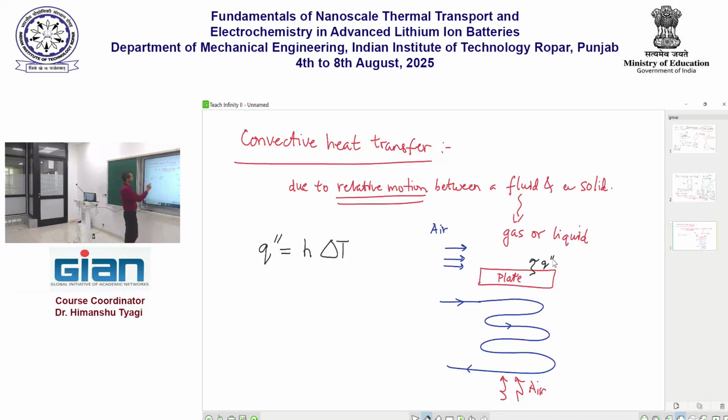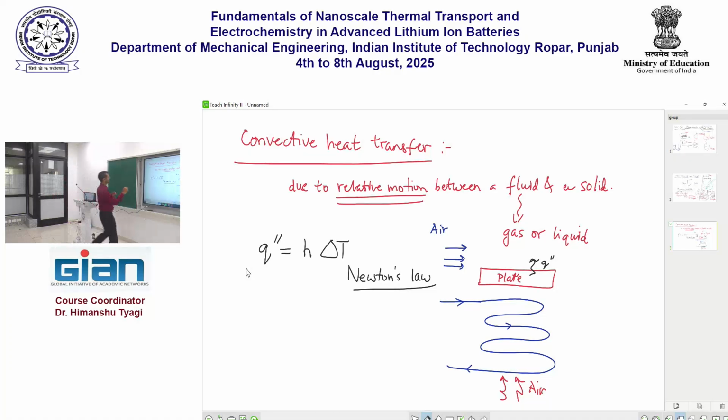This very simple equation is called Newton's law. So Isaac Newton, in addition to discovering gravity, also discovered this very fundamental law of convective heat transfer. So you can say safely that convective heat transfer is studied only by the most brilliant students. Okay? We are all following in the footsteps of Isaac Newton here.